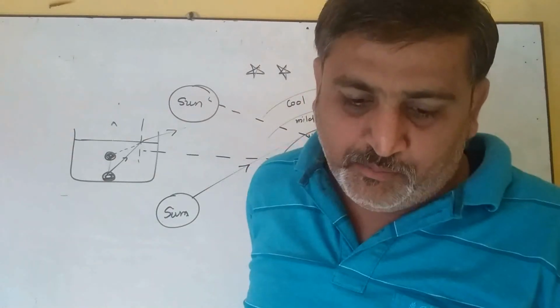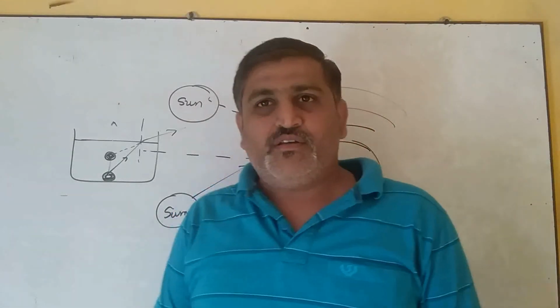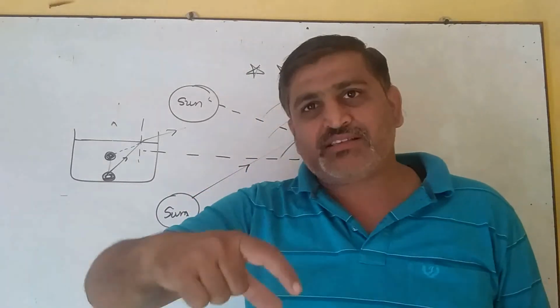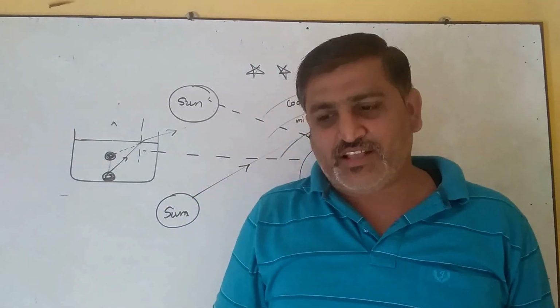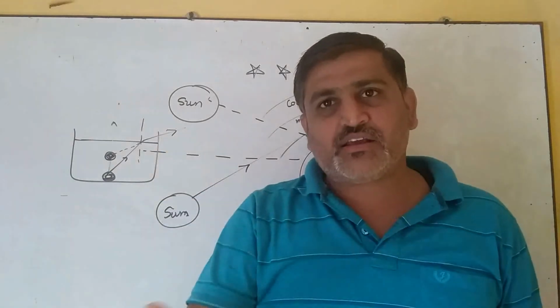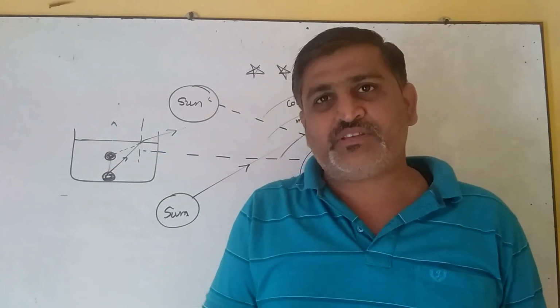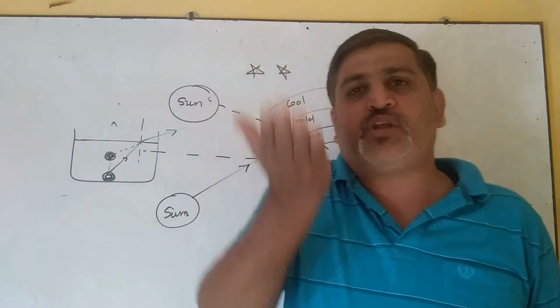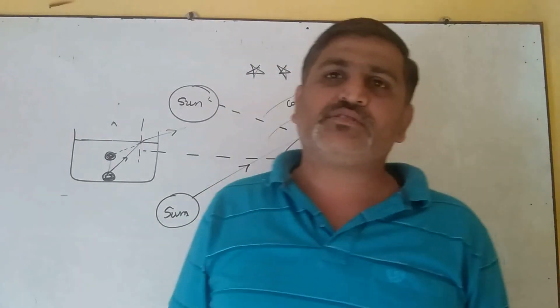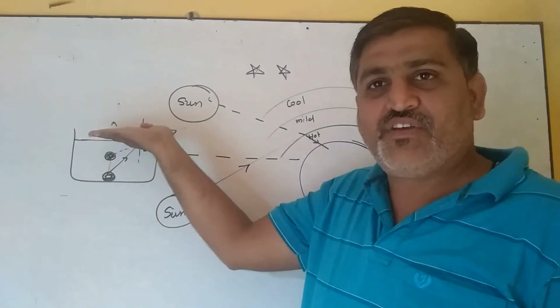Next one is, prints appear to be raised when a glass slab is placed over them. If you place a glass slab over your book, you see that the letters outside the glass slab look normal, but when you look through the middle of the glass slab, the letters look raised up, and this is due to refraction. Here the object gets raised.